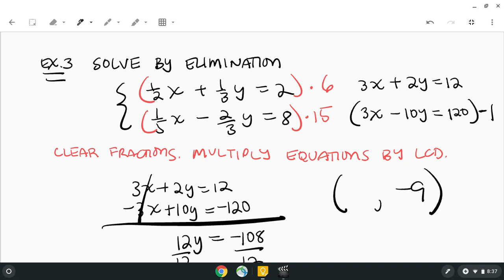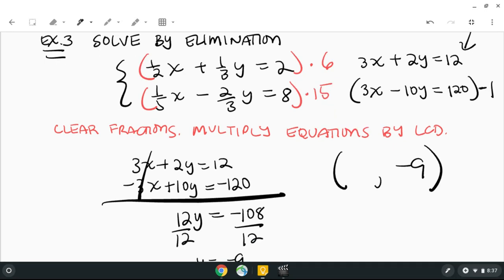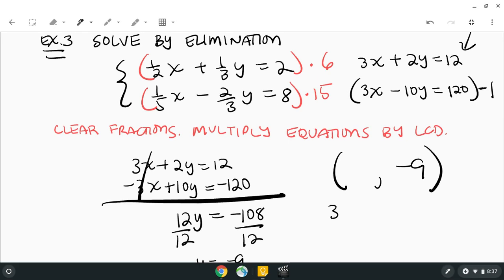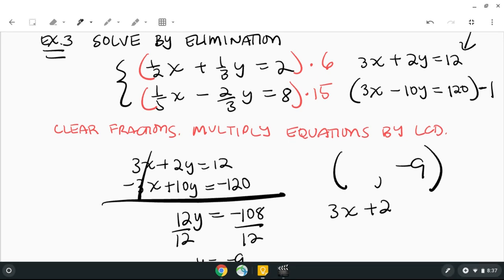You could pick any of the ones with the fractions, that's fine, but I notice a lot of students are uncomfortable with fractions, so I'm going to pick this equation, 3x plus 2y equals 12. 3x plus 2 times -9 equals 12.